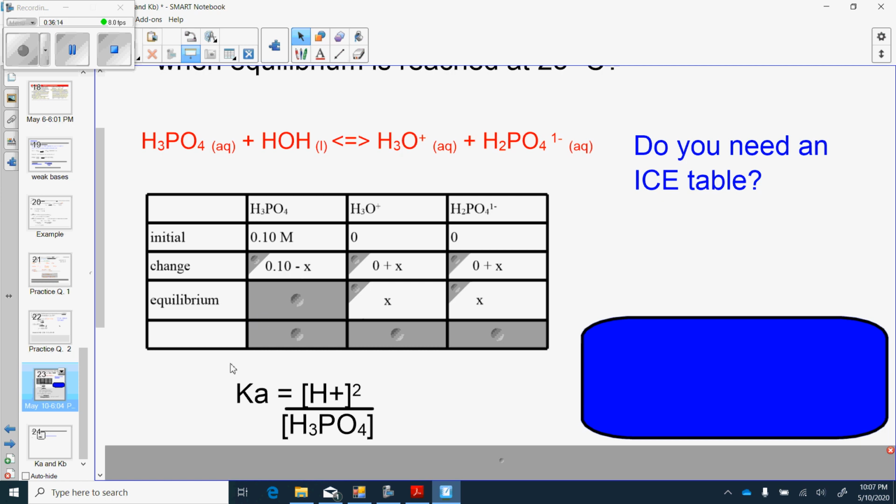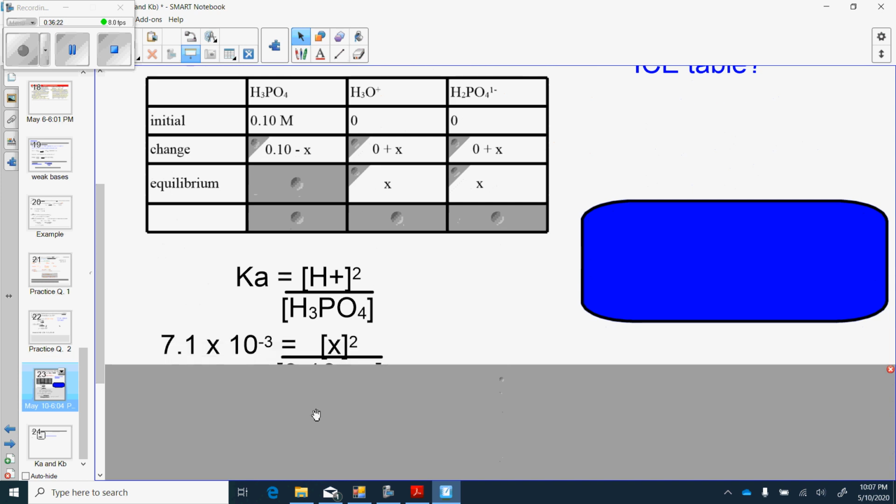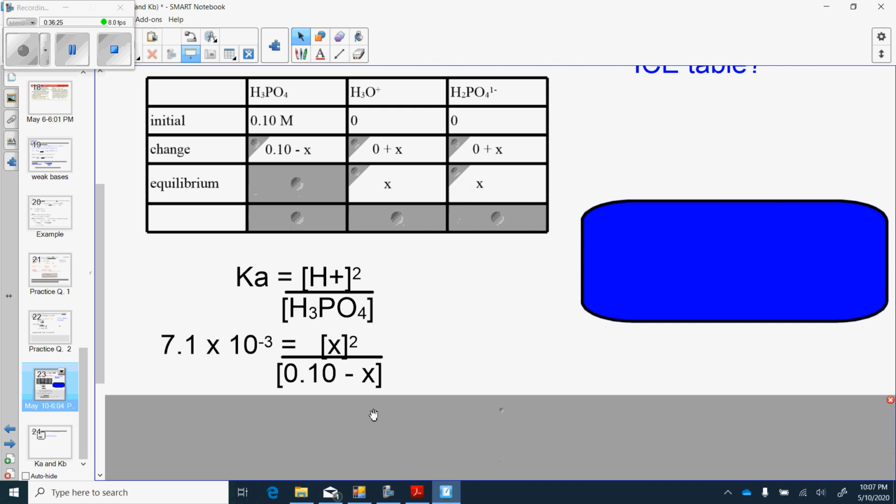So what we do is we take our Ka expression, right? And then when we plug it in, can we get rid of this -X? And that's the thing. We cannot cross it out this time. Our approximation rule doesn't work.